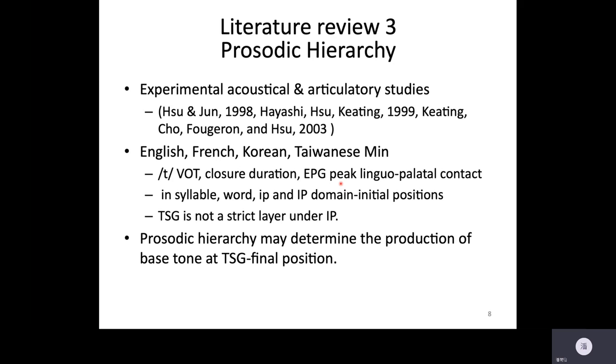Aside from morpho-syntactic approaches, phoneticians compared the VOT, closure duration, and peak lingual contact from electropalatography data in syllable, word, intermediate phrase, and intonation phrase initial positions across 4 languages. They discovered that the tone Sandhi group domain is not a strict layer under the intonation phrase domain.